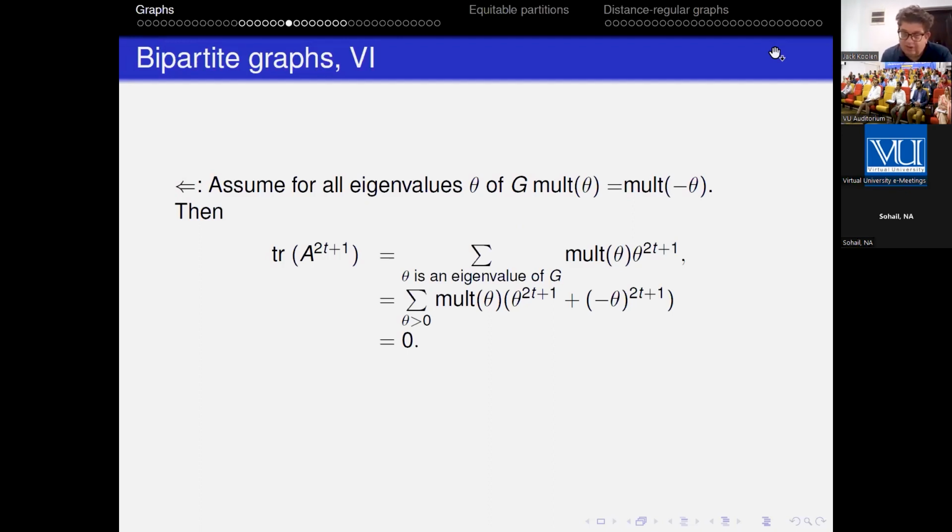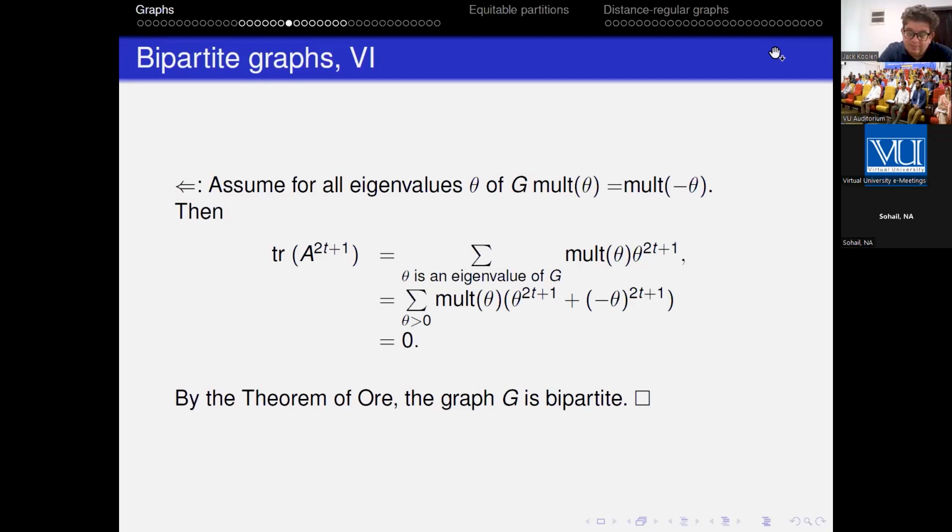Yes, that is exactly the trace of that matrix. Now, because you know that theta and minus theta have the same multiplicity, you see that this is the sum over theta bigger than 0 of the multiplicity of theta times theta to the power 2t plus 1 plus minus theta to the power 2t plus 1, and that's equal to 0. And therefore, by the theorem of Orr, the graph must be bipartite.